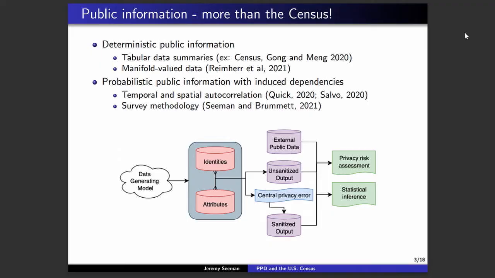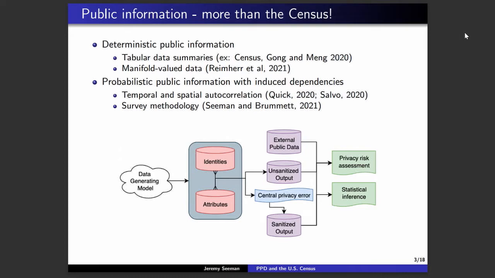This is true of temporal or spatial autocorrelation, which many demographers have talked about today. It's also true of survey methodology, because plenty of survey scientists release survey information about the people they sample without those privacy guarantees, as a way of establishing trust between a survey administrator and the people they're trying to serve in collecting that data.